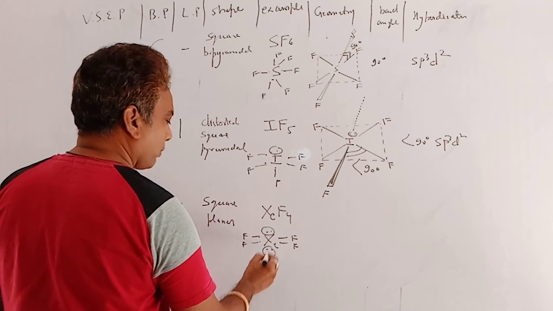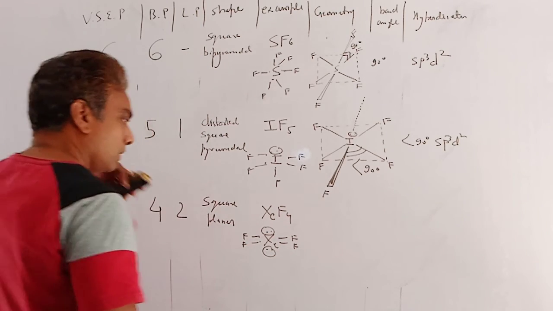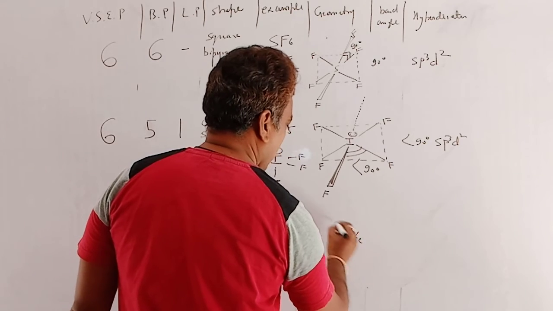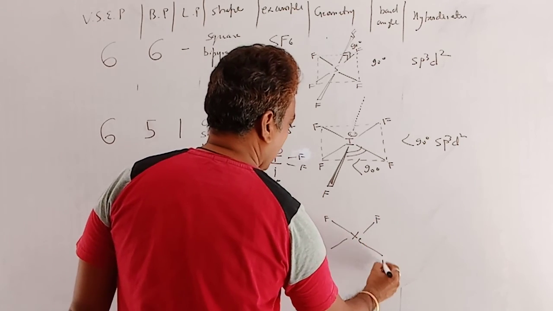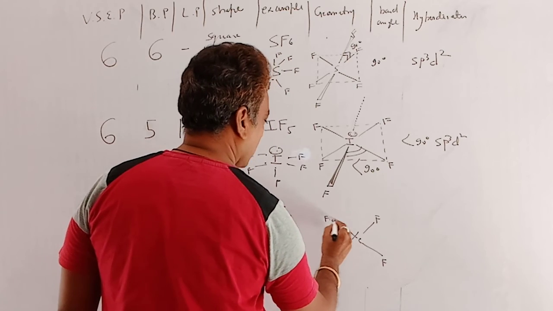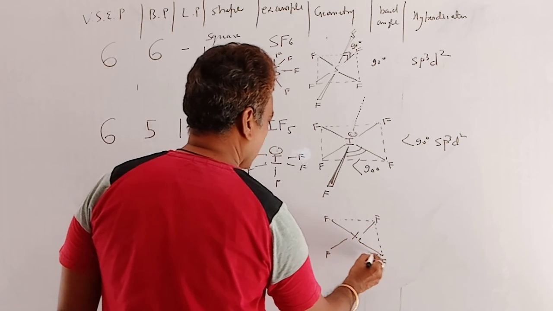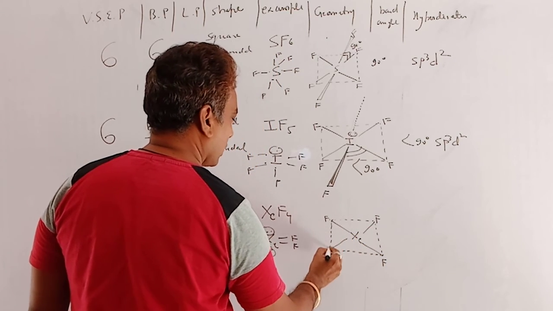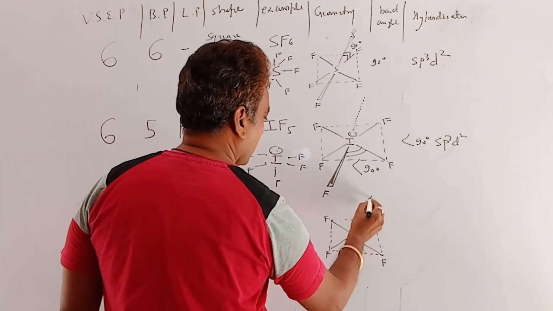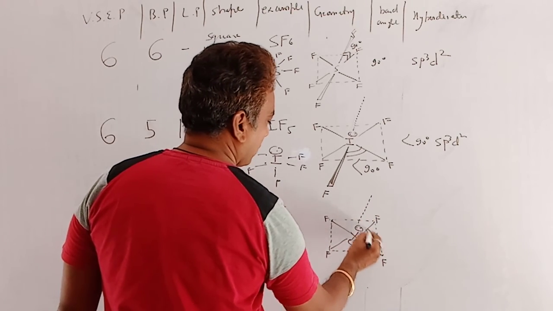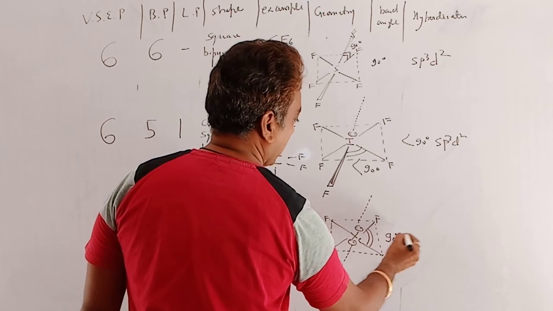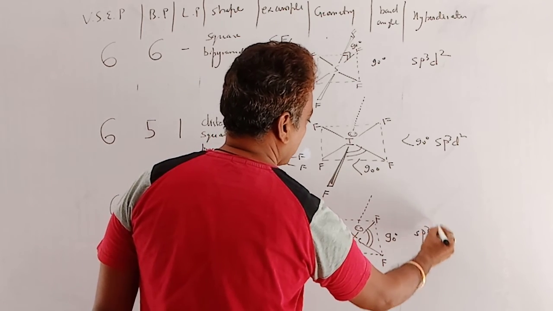So 2 are lone pairs and 4 are bond pairs. Xenon exists at the center of the square like this, and fluorine at the corners of the square. One lone pair is upwardly and another lone pair is downwardly. Bond angle 90 degree, hybridization sp3d2.